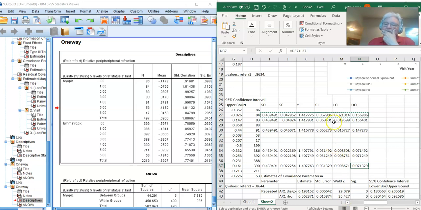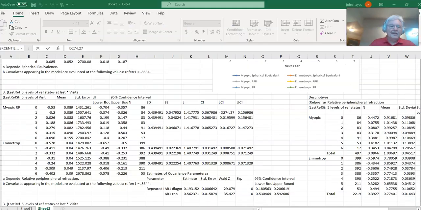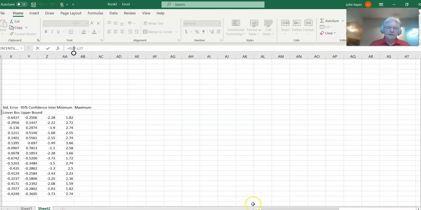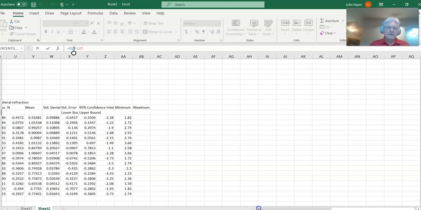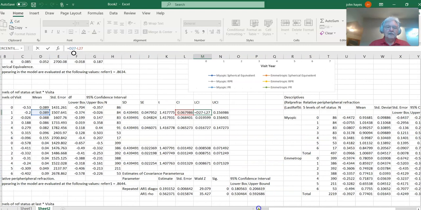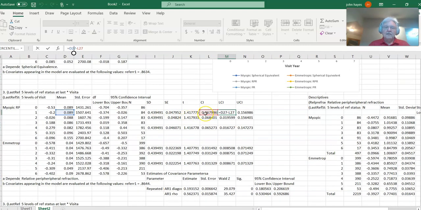Okay, so confidence interval. Okay, I see the error of my ways. See how this guy got shifted over? So the mean is above what is actually the standard error. So this is the mean. So over here, let's see where this confidence interval, the lower confidence interval is the mean minus the CI.